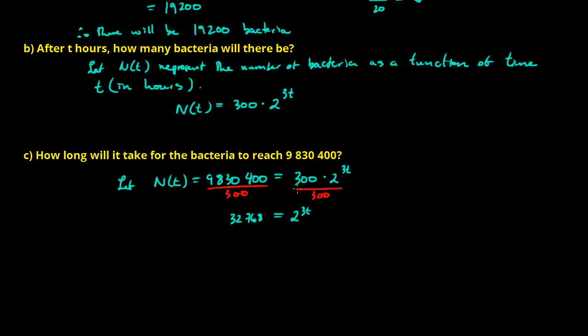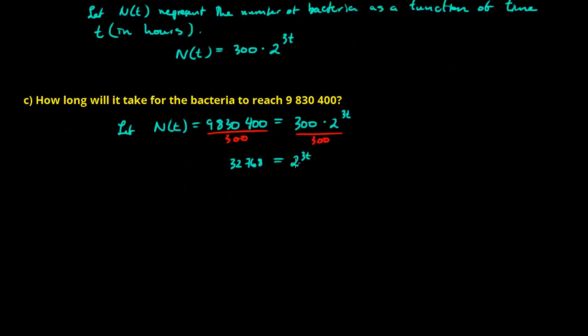Now, if I wanted to isolate this, I can raise both sides to the exponent 1/3. And let's see what that does. On the right side of the equation, I get 2 to the power of t, because 2 to the power of 3t to the power of 1/3, I'm just going to multiply the exponents, because when I have a power to a power, using the exponent laws, I multiply the exponents. 3t times 1/3 is just t.